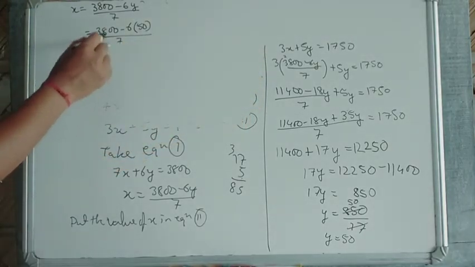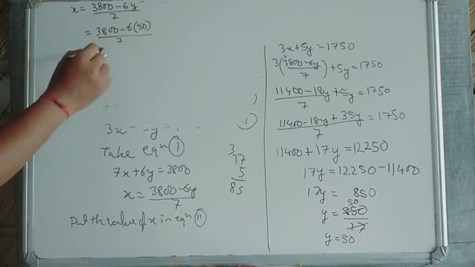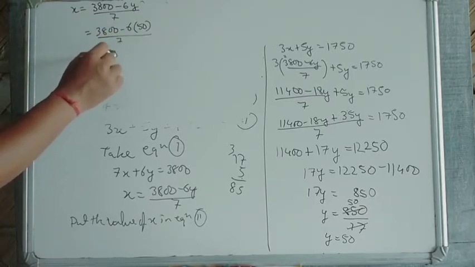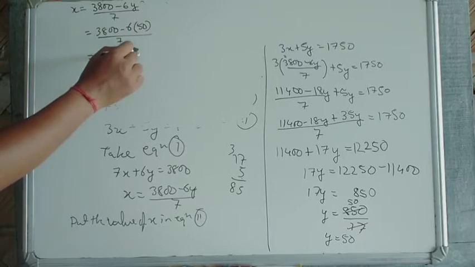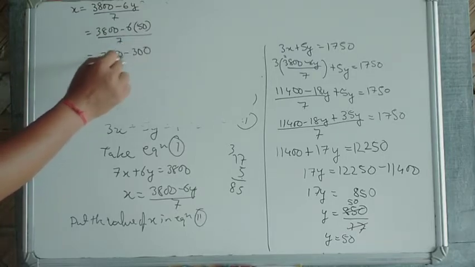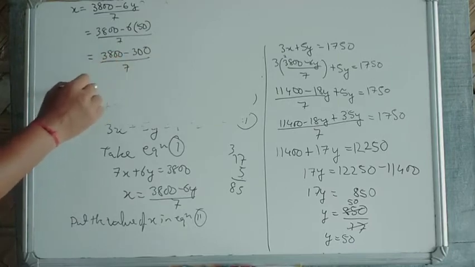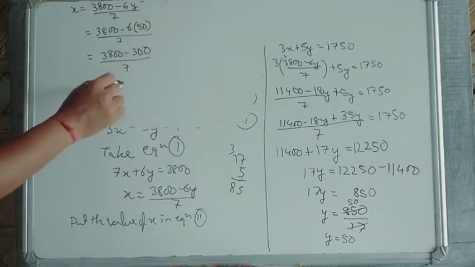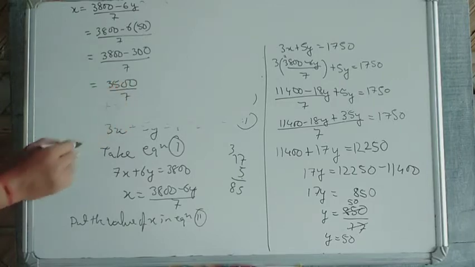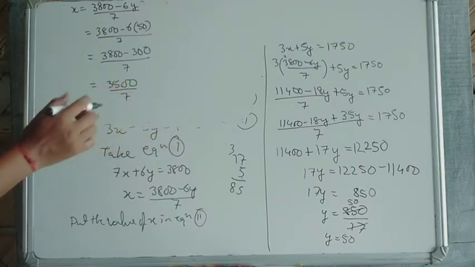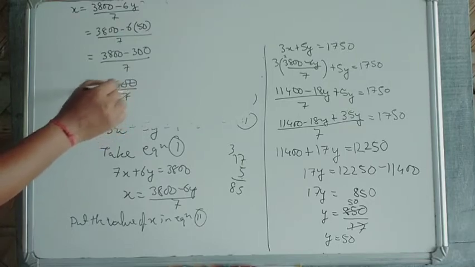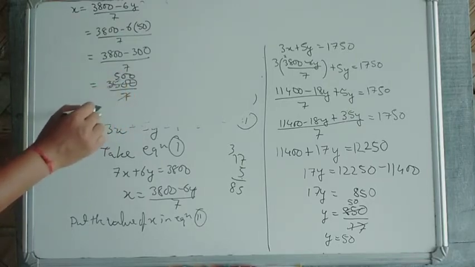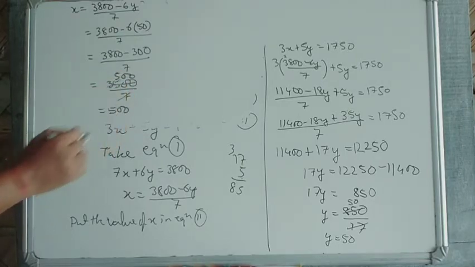Now it will become 3800 minus 300 by 7. Now 3500 by 7, which gives me 500.